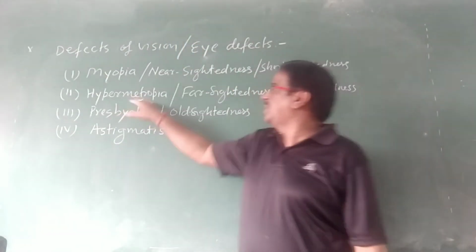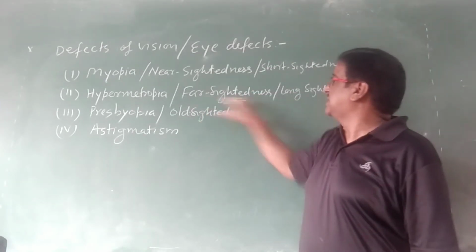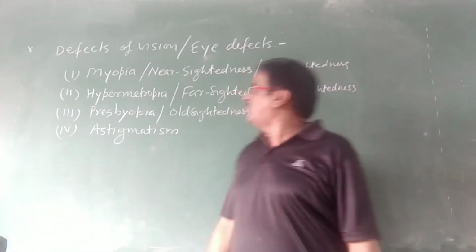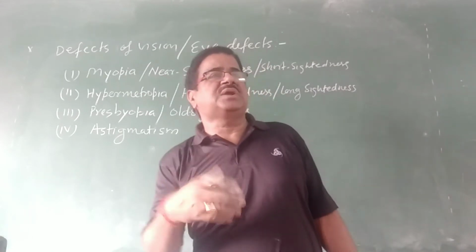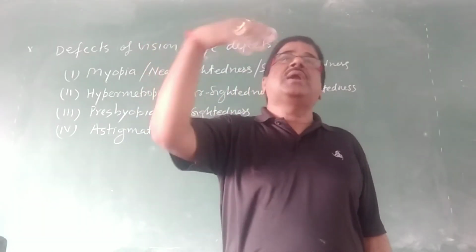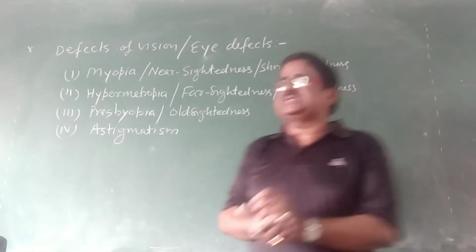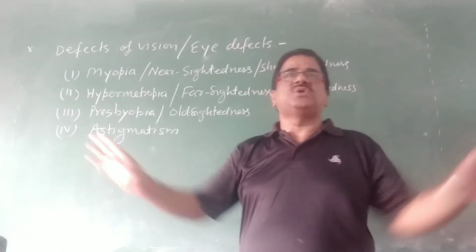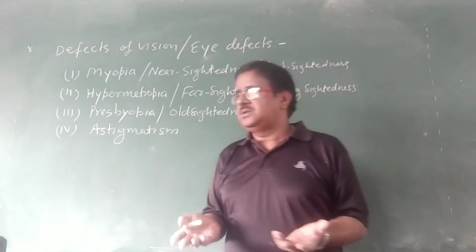Similarly, hypermetropia is called far-sightedness or long-sightedness. A person suffering from hypermetropia can clearly see objects situated at infinity or at distant points, but nearby objects are seen blurred. You cannot say that they are not seen; they are seen blurred.